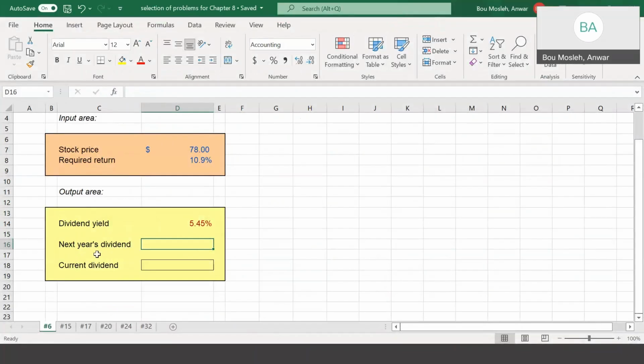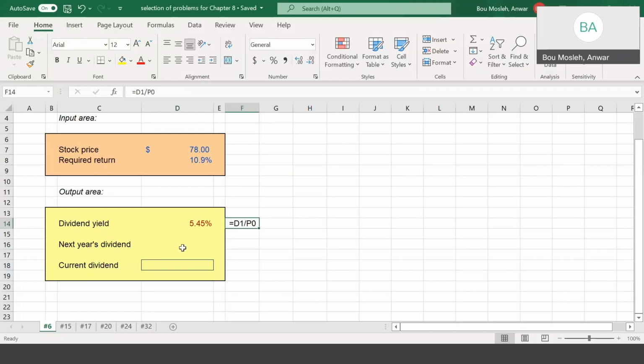What are the current dividends? Okay, so we know dividend yield is equal to D1 over P0, or the price today. Well, we want dividend in year 0, and we know we can obtain dividend in year 1, and we know that the relation between dividends is the G, right? D0, D1, D2 are related by the constant growth forever.